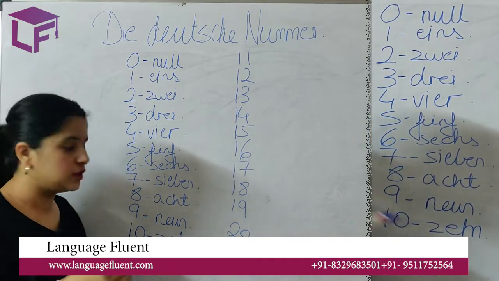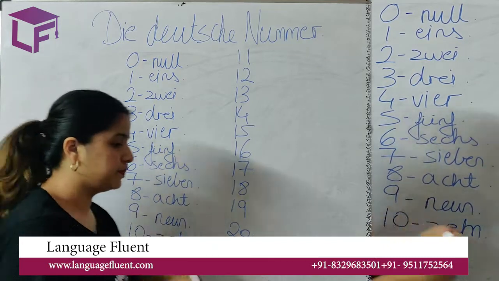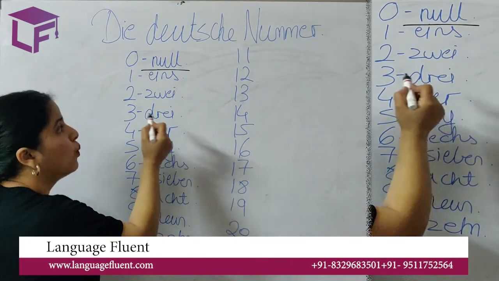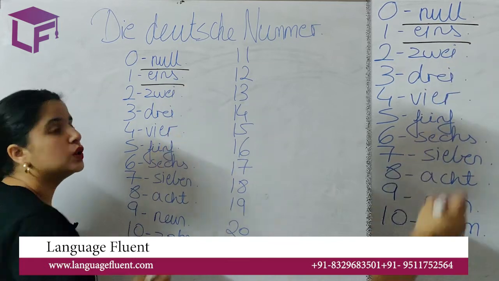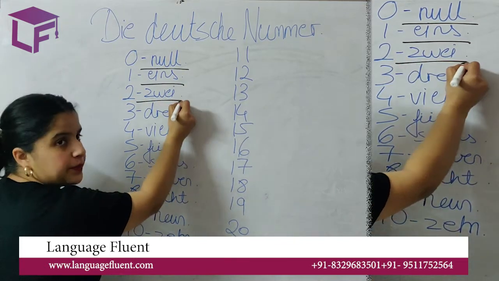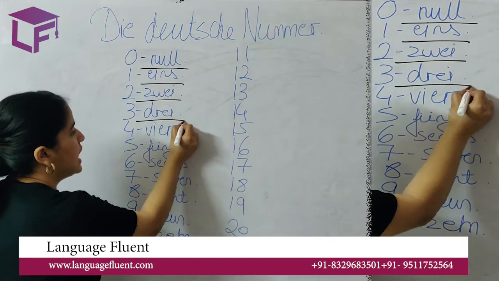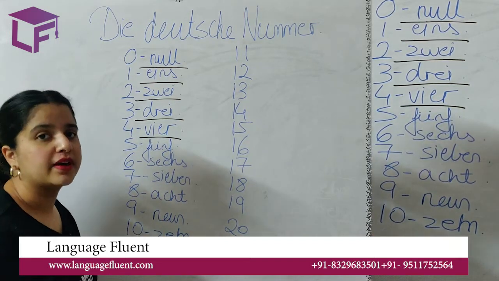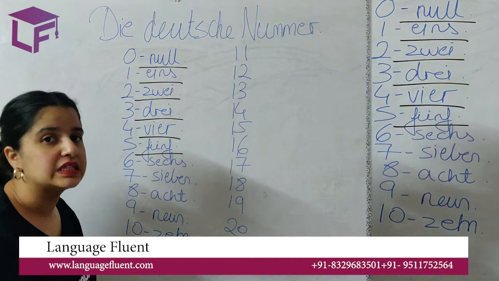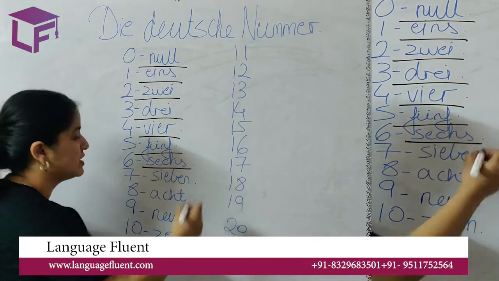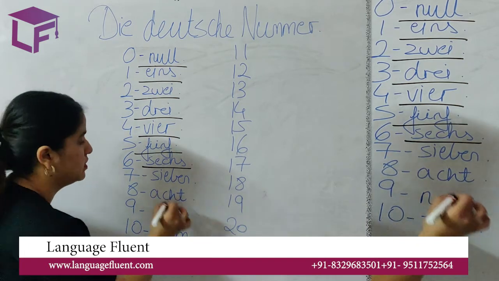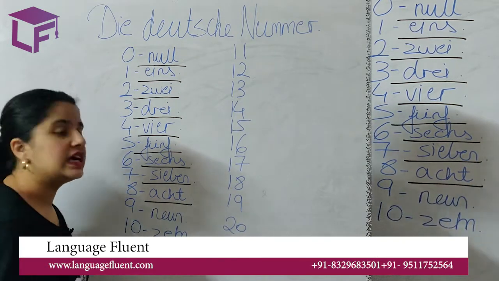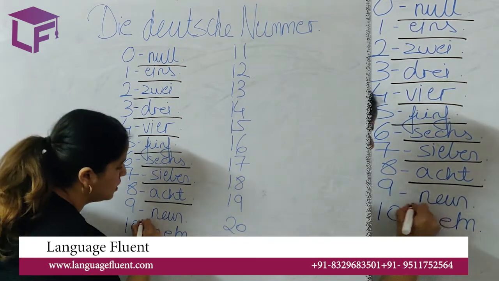So, we'll repeat from 0 to 10. 0 becomes 0. 1 becomes 1. 2 becomes 2. 3 becomes 3. 4 becomes 4. 5 becomes 5. 6 becomes 6. 7 becomes 7. 8 becomes 8. 9 becomes 9.